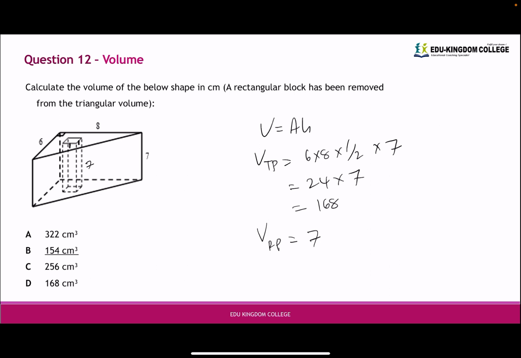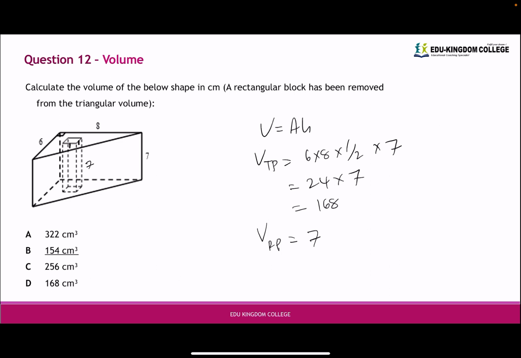Okay, so 168, hold on, I might have done the maths wrong again. No, I haven't. 6 times 8, 48, times half is 24, times 7, 140, plus 28 is 168.